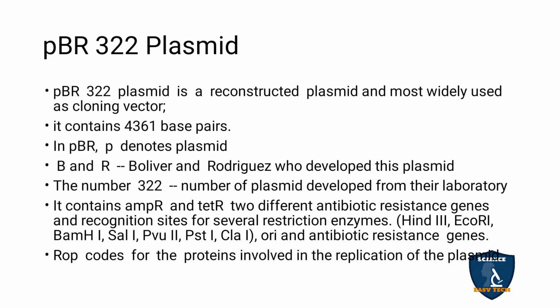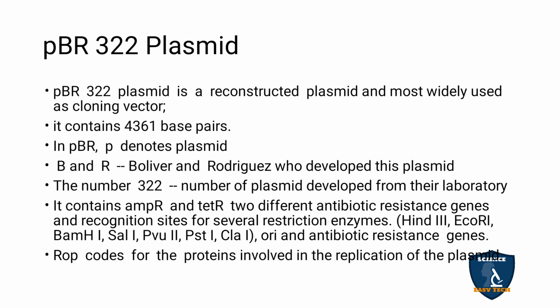pBR322 plasmid. pBR322 plasmid is a reconstructed plasmid and the most widely used cloning vector. It is a reconstructed plasmid which was made in the laboratory. It contains 4361 base pairs. This they may ask in your 1 mark as well as in your NEET exam.